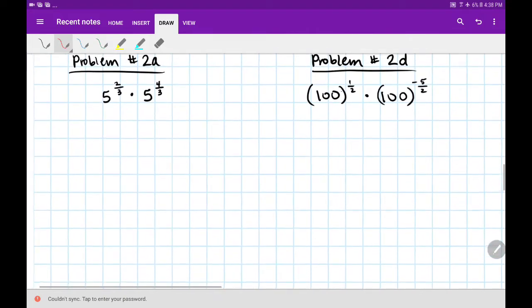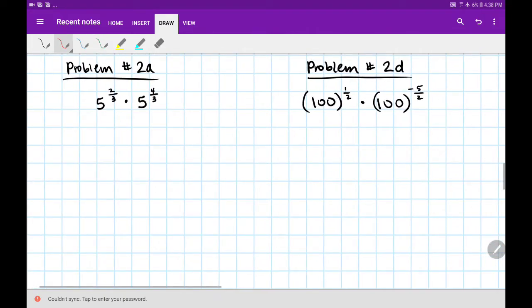Okay, moving on to number 2. What you'll notice here, the only difference is instead of x's and y's, we're dealing with actual numbers. But it's okay, please don't freak out. The same rules apply. So if I have 5 to the 2/3 times 5 to the 4/3, let's look back at our mini lesson.